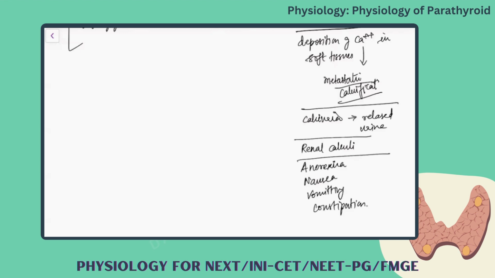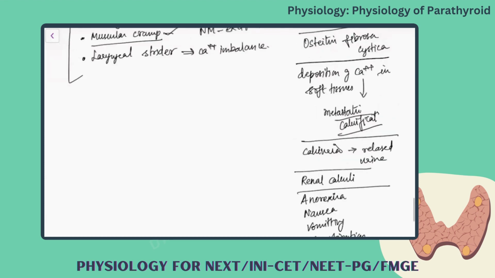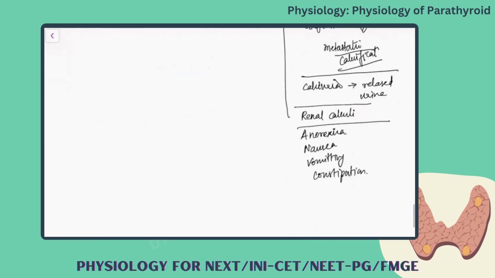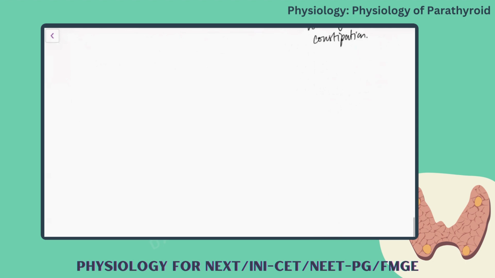So neuromuscular junctional effect is affected. The muscle excitation contraction will be affected because calcium is not present in the stores. Okay, so altogether it results in all these features. So this is the parathyroid hormone and its function.